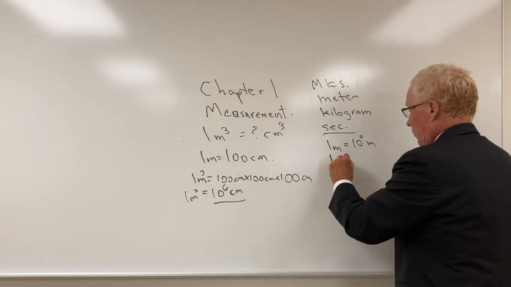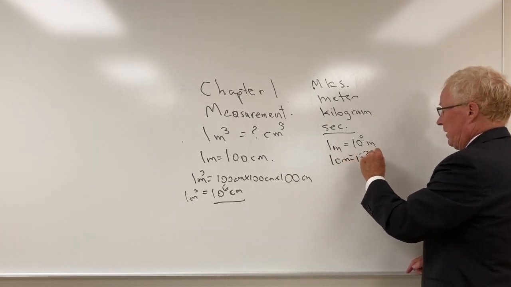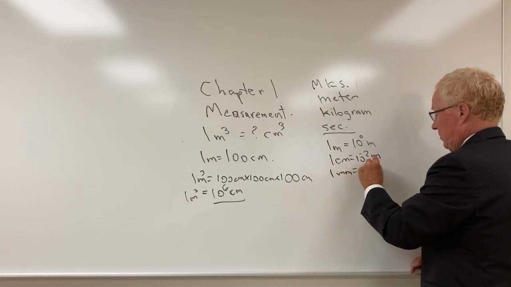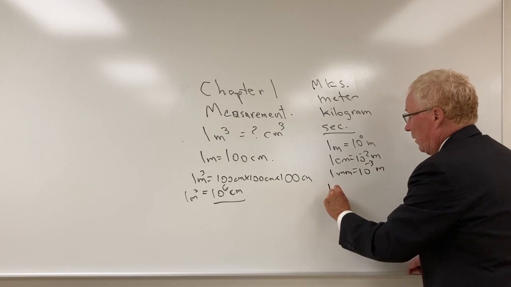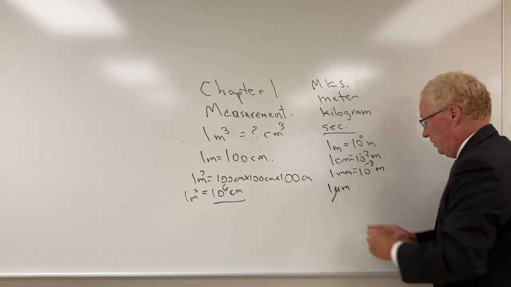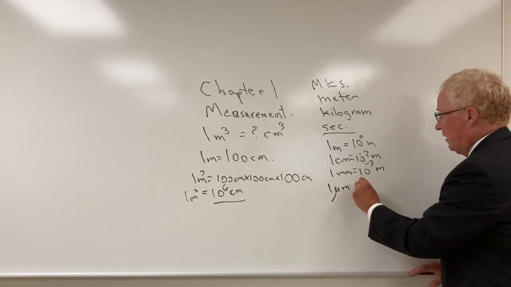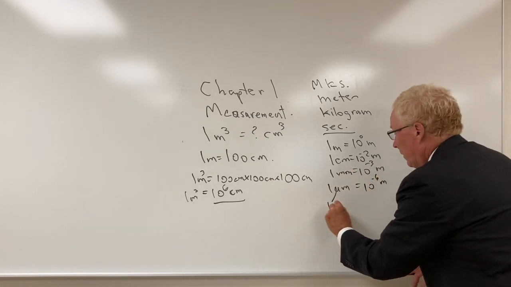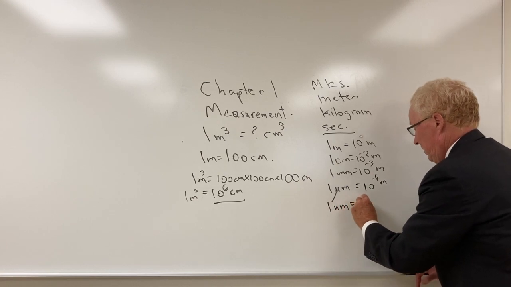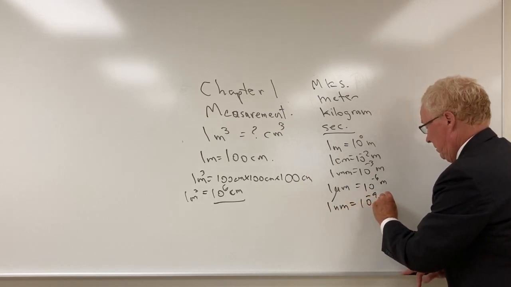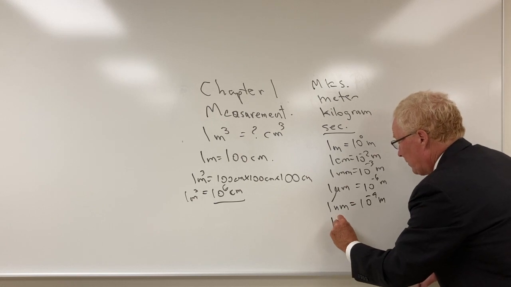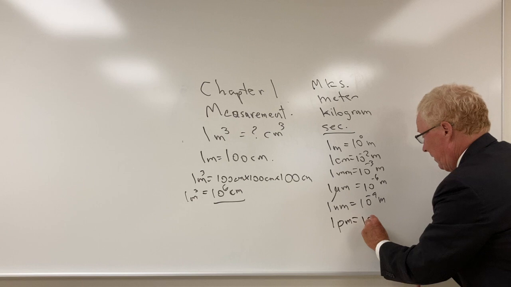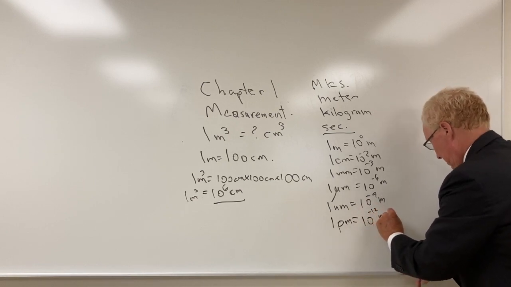We go smaller: 1 centimeter is 10 to the minus second meters. 1 millimeter is 10 to the minus third meters. 1 micron, the Greek letter mu, is 10 to the minus sixth meters. 1 nanometer is 10 to the minus ninth meters. And it's probably the smallest we'll use, 1 picometer, is 10 to the minus 12th meters.